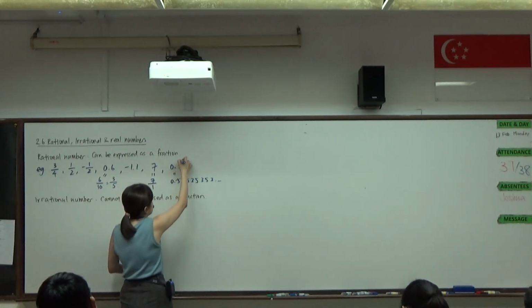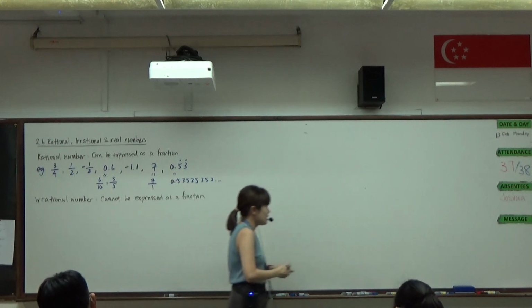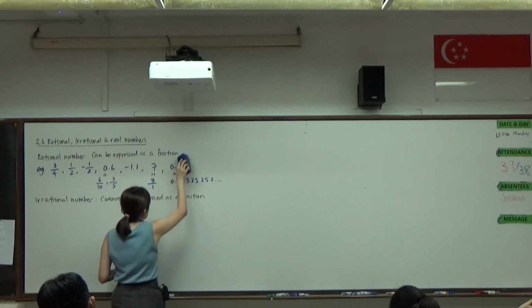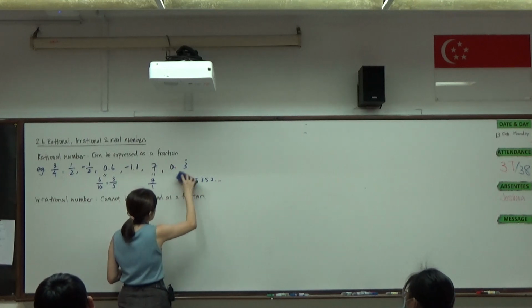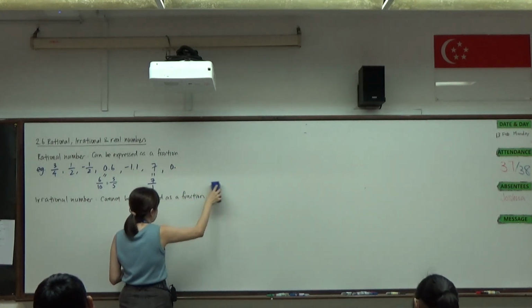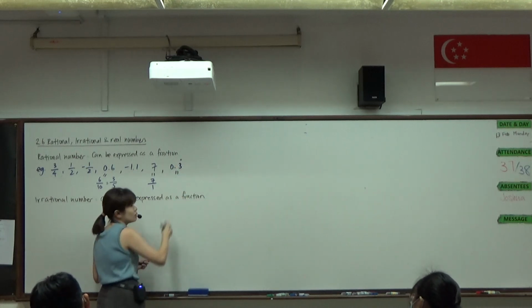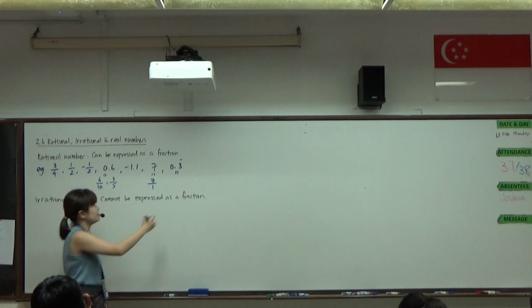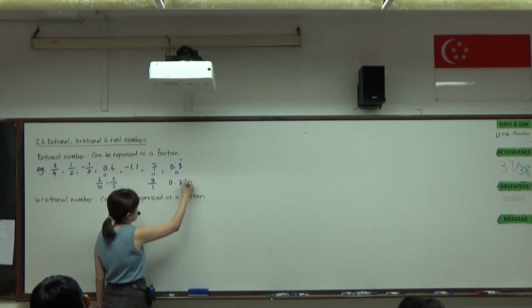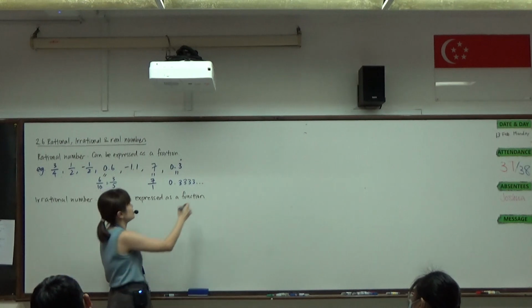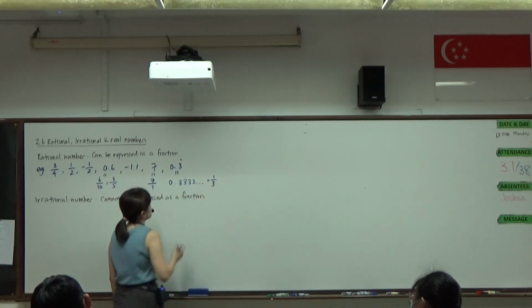But to give a simple example, let's do 0.3 with a dot on top. We know very well that 0.33333 refers to 1 over 3, so it can be written as 1/3.